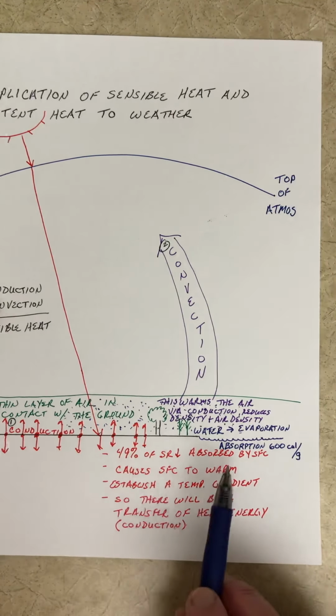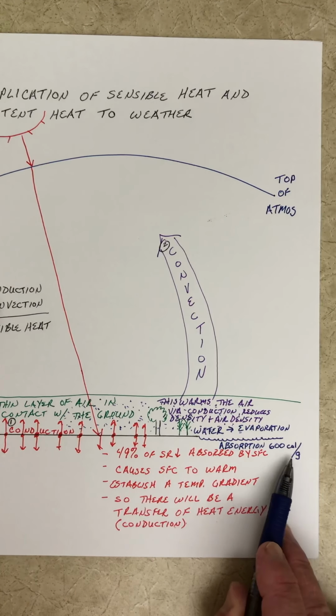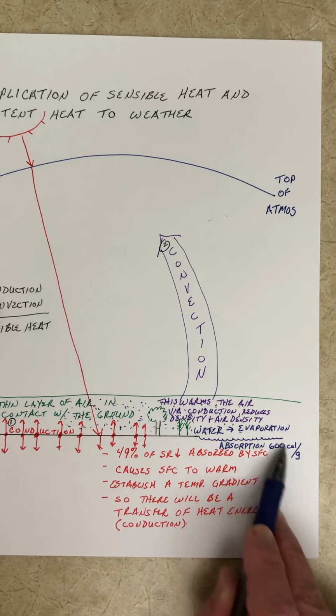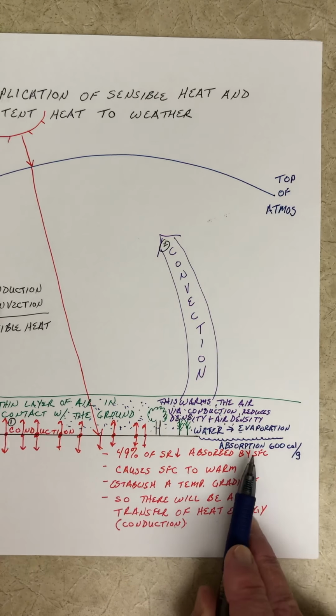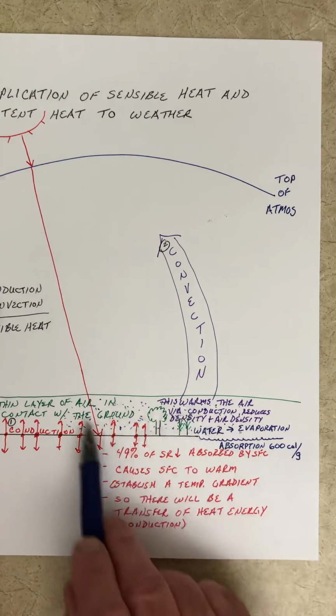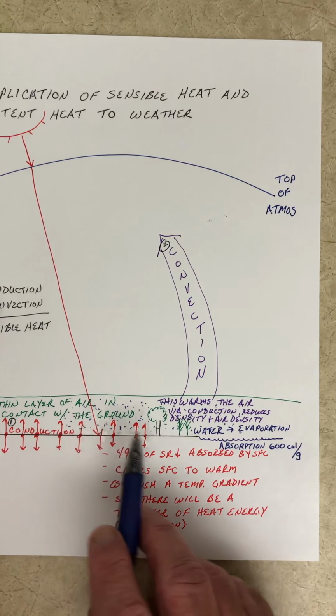So we got evaporation, the absorption of 600 calories of energy per gram. We have the absorption because we have surplus energy at the Earth's surface.